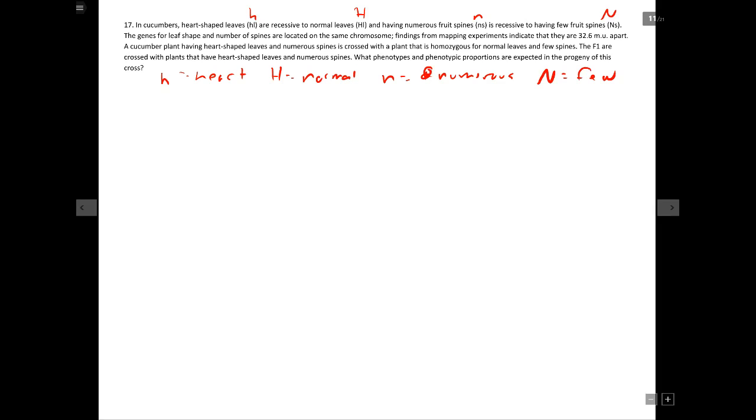If we use little h and little n, that tells us which one's dominant, which one's recessive. The genes for leaf shape and number of spines are located on the same chromosome, so that means they're linked. Mapping experiments indicate they're 32.6 map units apart, so that's important. So now we're going to take heart-shaped leaves.